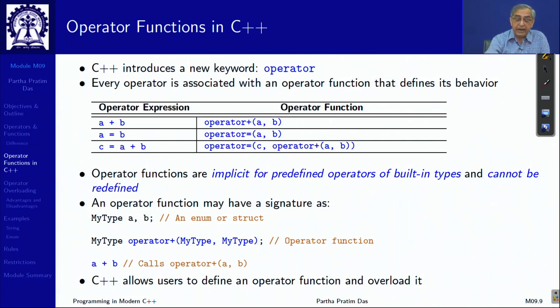in terms of syntax, a new keyword is introduced, called operator. Every operator is associated with an operator function. That is, if I write a plus b, I can also write it in the function notation as operator plus a b, the prefix notation.